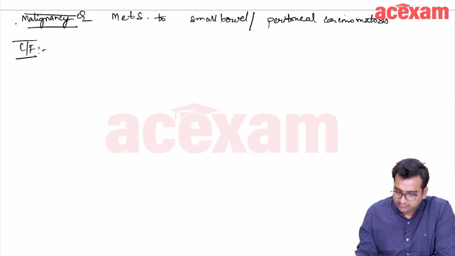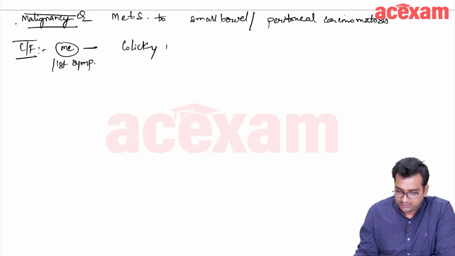Now, what are the clinical features? The most common symptom, or the first symptom, is colicky abdominal pain.